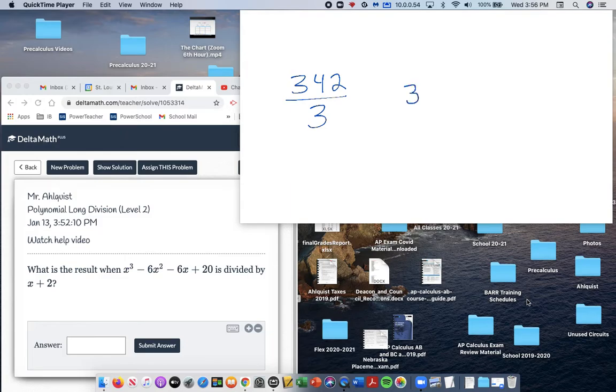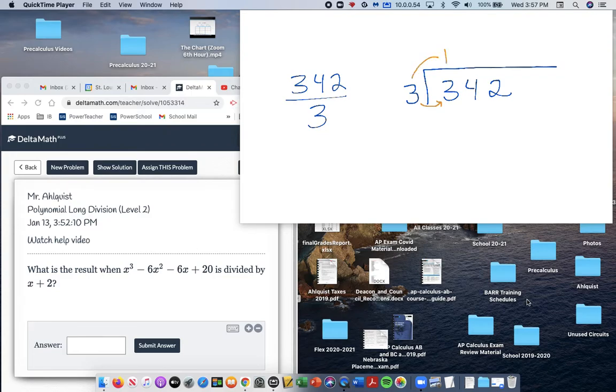And back in grade school, what you may have remembered doing is we did long division like this. And we said, how many times does 3 go into 342? And what we did first is we said, okay, let's look at how many times 3 goes into 3. So this 3 going into that 3. And we know that that's 1 time.